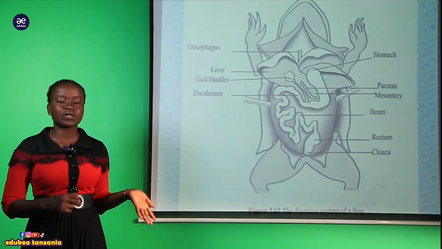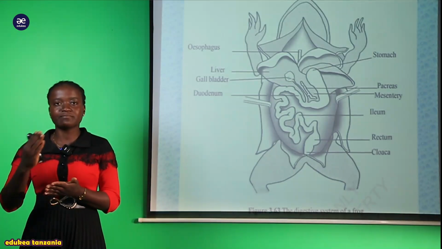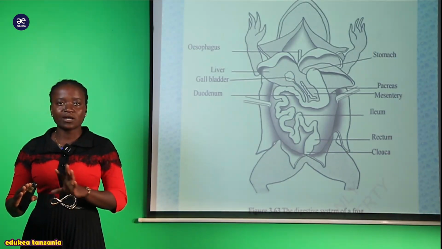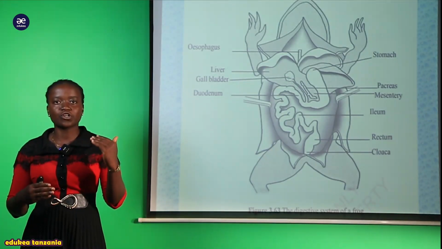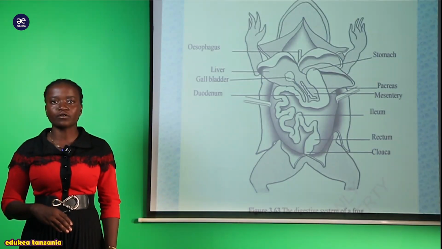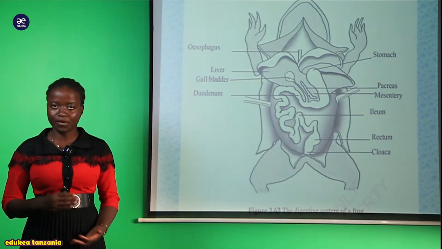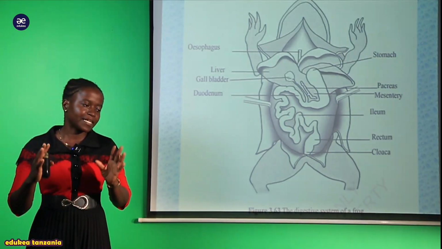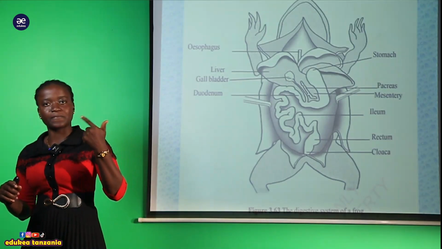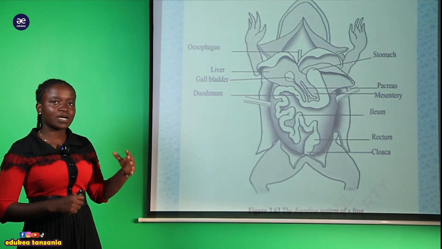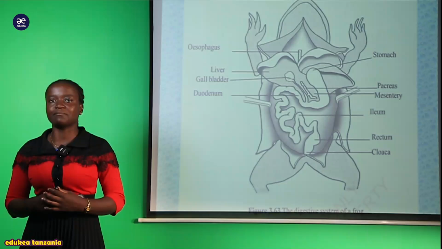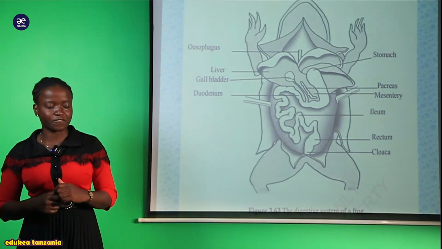Kwa sababu hili ni swali kabisa limejitosheleza. Yaani mtihani mzima wa practical, achana na masuala ya kudissect nini, anaweza kukwambia chora digestive system of the frog with its labeling. Ina maksi yake pale imekaa. Kwa hiyo sasa you have to practice much so that you can be able to draw the diagram of the digestive system of the frog.